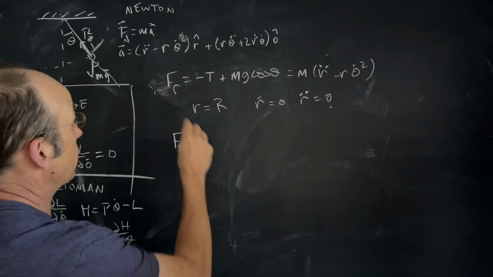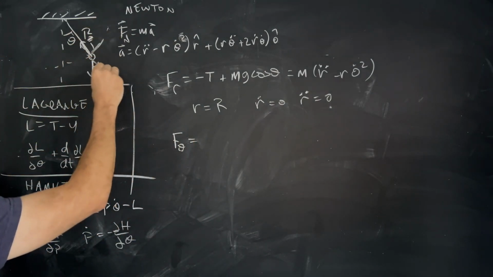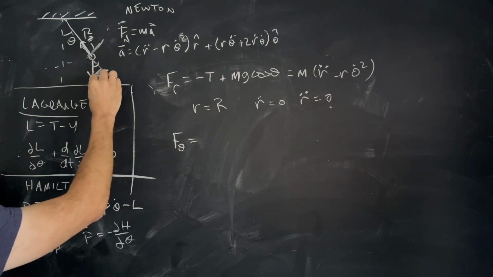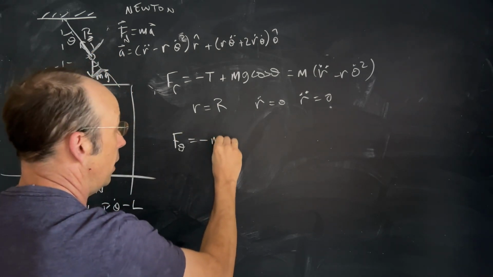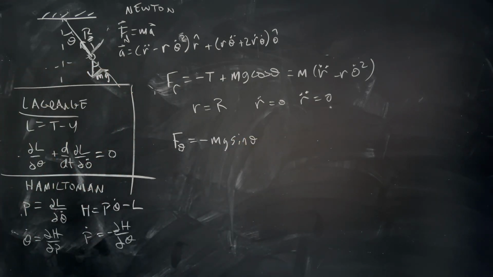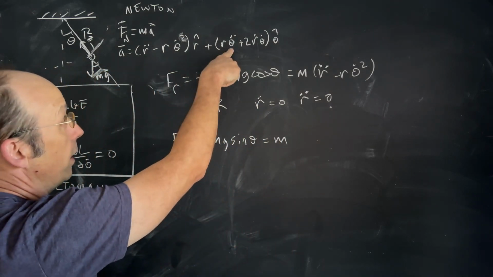In the theta direction, what forces act in the theta direction? That's positive theta, so I'm looking at this component of the gravitational force. So it's negative mg sine theta. That's my force in that direction. That's going to be equal to the mass times the acceleration in the theta direction, which is this.